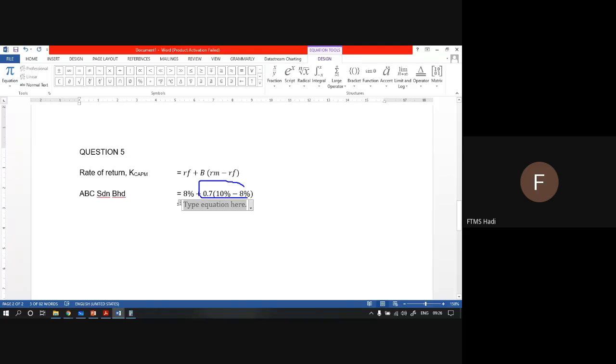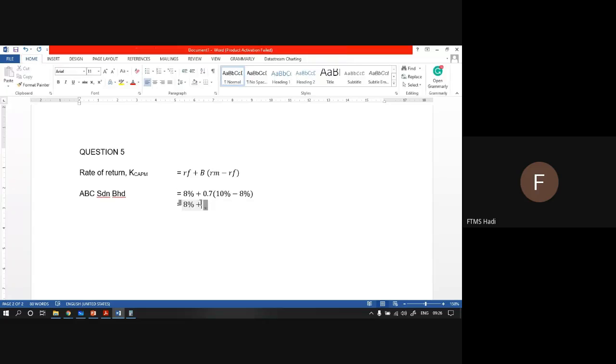You need to resolve the bracket. 8% plus 0.7, and minus 8, which equals 2%. So that is the first part.